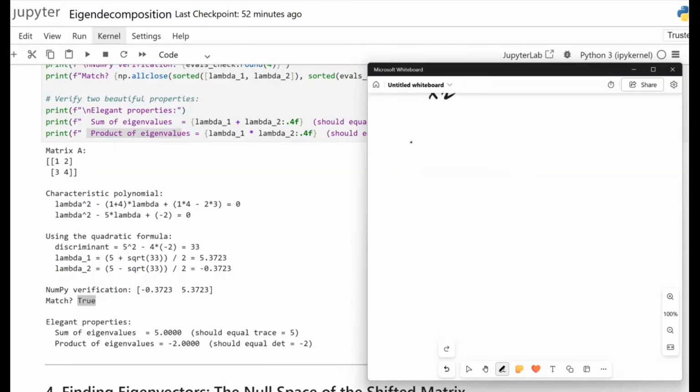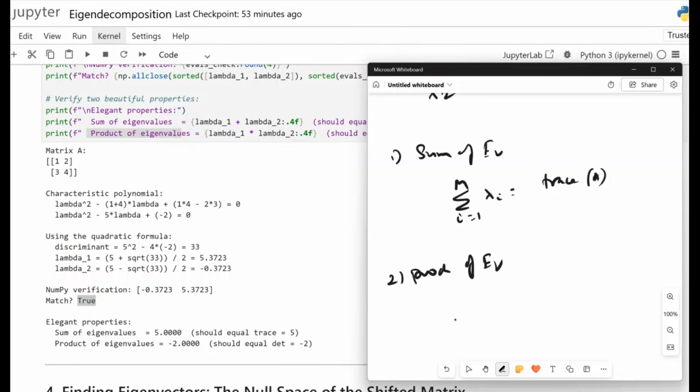So here are the exact fundamental identities. Dear friends, the script verifies two important invariants. One is the sum of eigenvalues equals the trace: the summation of lambda sub i, for i equal to 1 to m, equals the trace of A. The second is the product of eigenvalues: the product from i equal to 1 to m of lambda sub i equals the determinant of A. Here we get the trace as 5, and the determinant as minus 2.